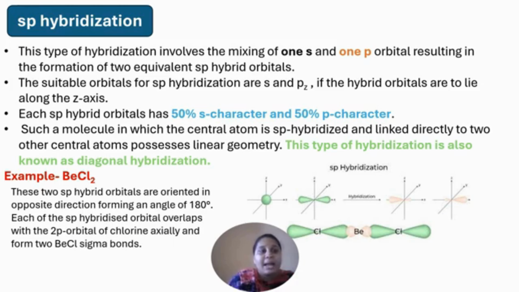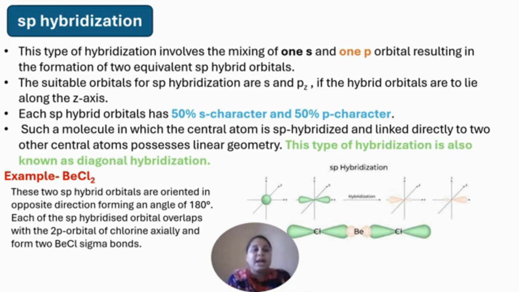Sp hybridization involves mixing of one s and one p orbital, resulting in two equivalent sp hybrid orbitals. The orbitals suitable for this hybridization are s and pz orbitals, as the hybrid orbitals should lie along the z-axis.